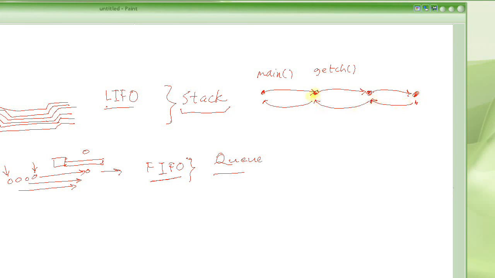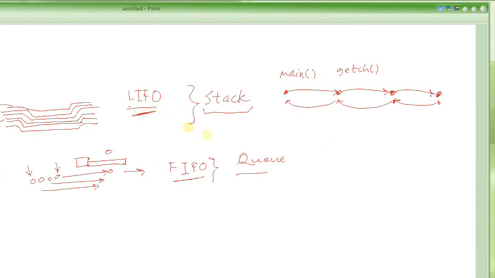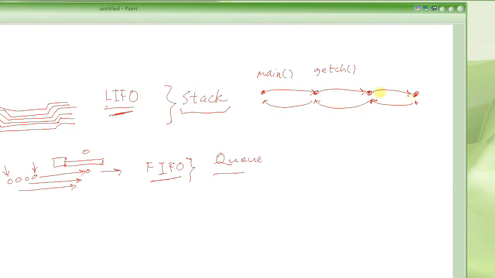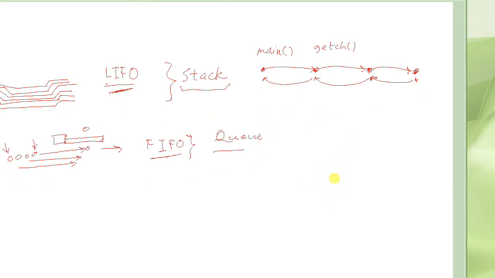There is no way that these functions can complete unless this function completes first. So clearly, what do we have here? The last function completes first. We have this LIFO organization here, last in, first out. The last function that's in is the one that would finish first.